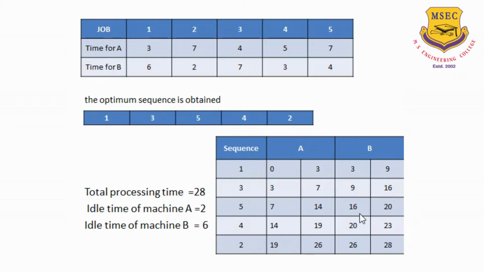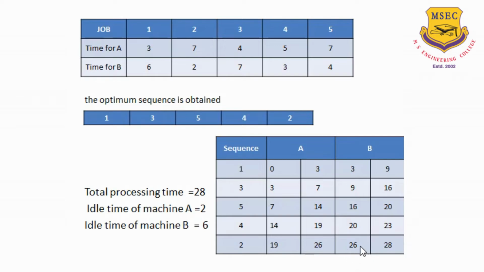Now again it's 16. The fifth job on machine B is 4. So 16 plus 4, 20. Next is 20. 20 plus the fourth job on machine B, that is 3, so 23. Now, even though job 4 has been completed at 23 units of time, the next job cannot start because job 2 is still engaged on machine A. Therefore, after the completion of job 2 on machine A, machine B can take up job 2.